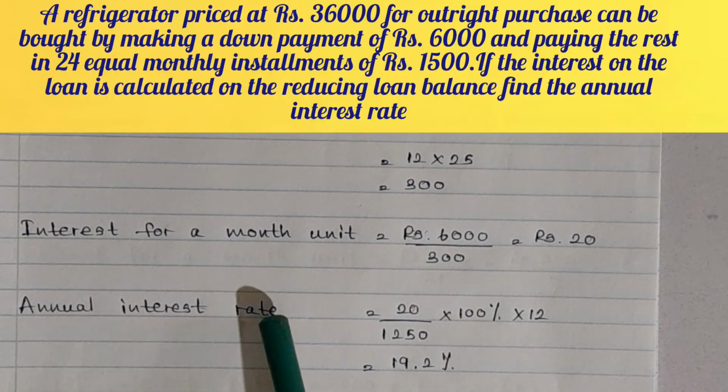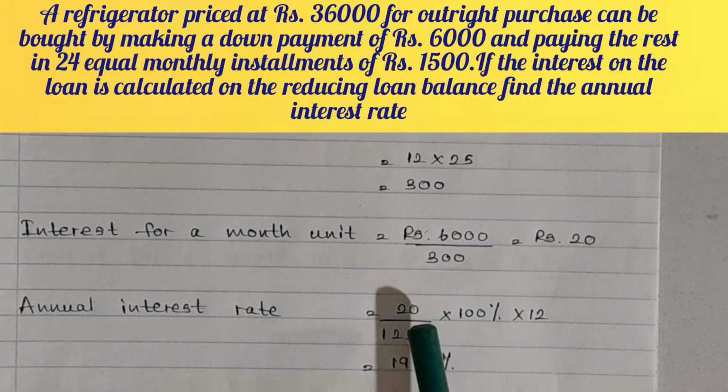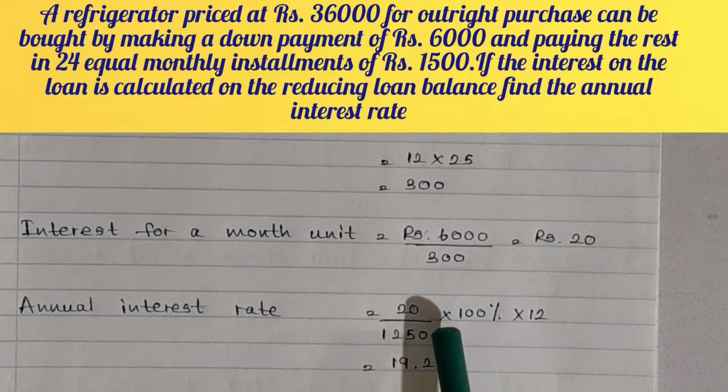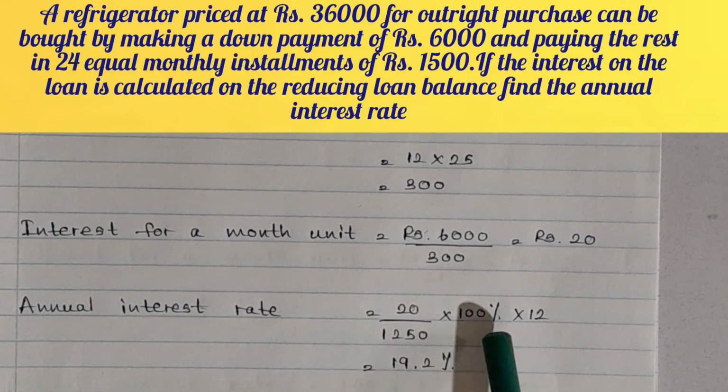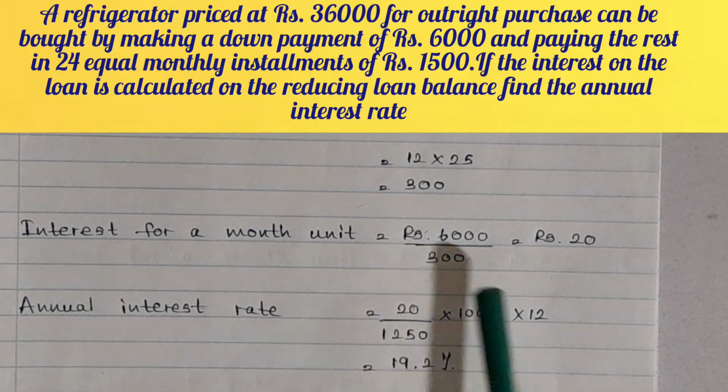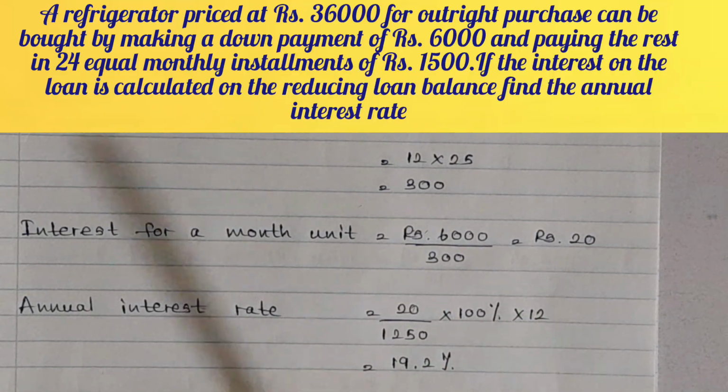So the annual interest rate can be found by 20 over 1,250, that is the portion of the loan per 1 month, multiplied by 100%. This is for 1 month. So we have to multiply it by 12. So the annual interest rate becomes 19.2%.